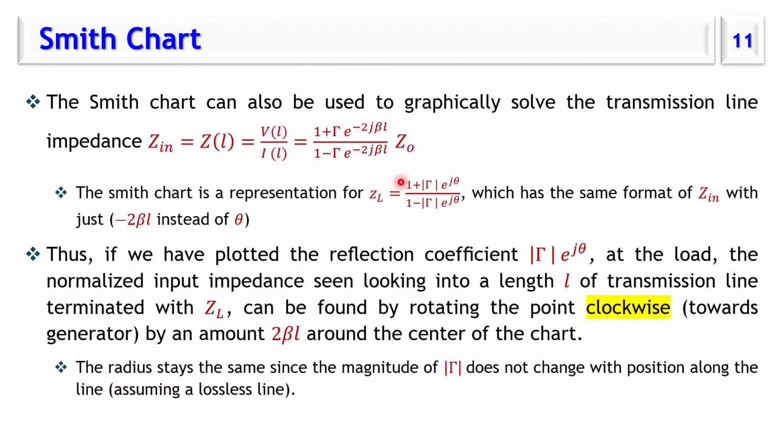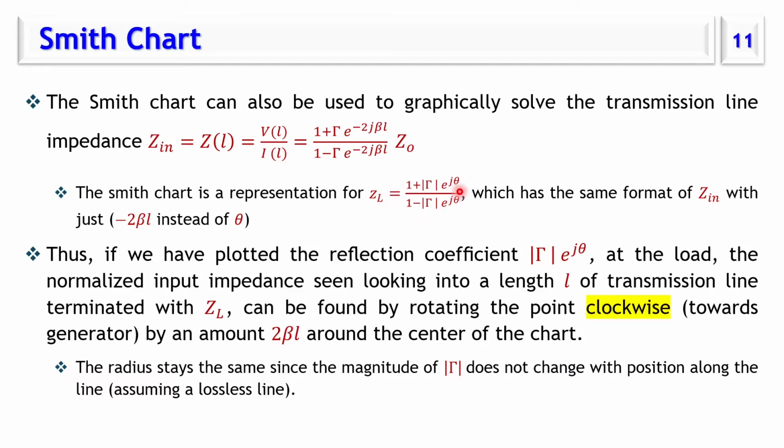So the Smith chart, as we said, can also be used to express the load impedance. As well, it can be used to solve graphically for the input impedance. So the expression for input impedance has this value here.